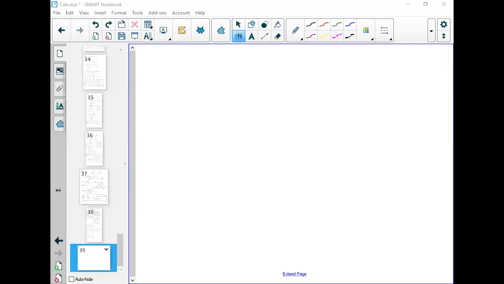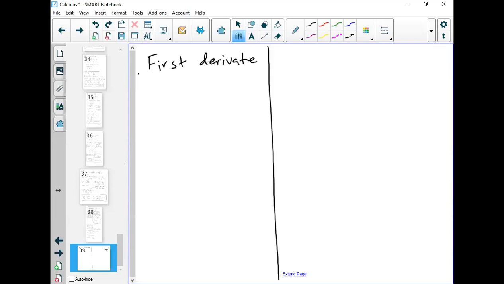Okay, so today we're going to be talking about the second derivative and the things that we can do with it. In order to do that, though, we first need to start by reviewing what we've talked about for the first derivative. So for the first derivative, we have done a few things.